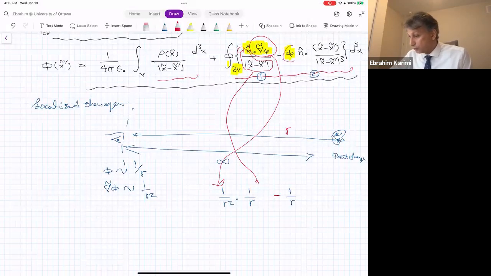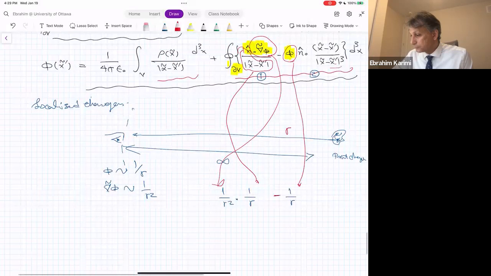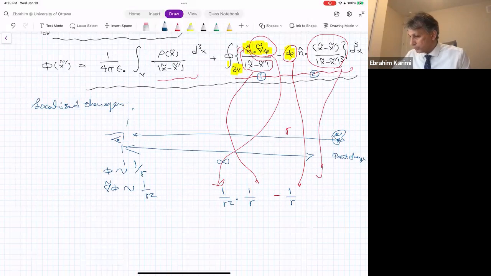What's going on with the other one? That goes to be r divided by r power of 3. So then the entire of this will go to 1 divided by r squared again. Good.